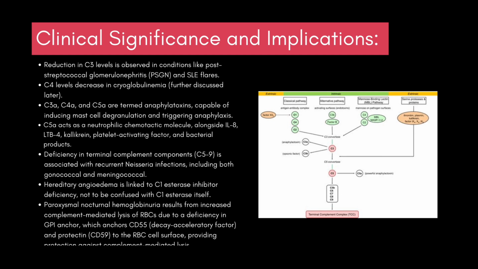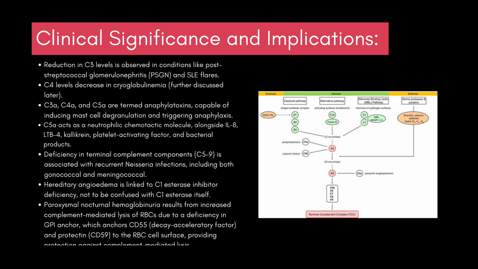C3a, C4a, and C5a are termed anaphylatoxins, capable of inducing mast cell degranulation and triggering anaphylaxis. C5a acts as a neutrophilic chemotactic molecule alongside IL-8, LTB4, kallikrein, platelet activating factor, and bacterial products.